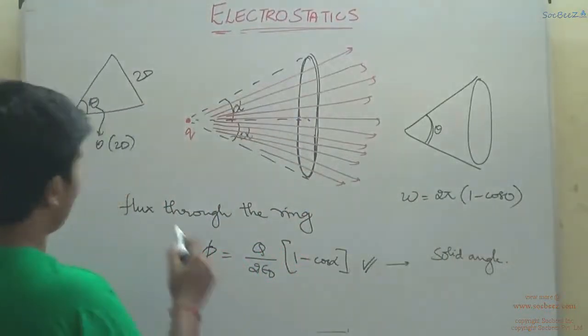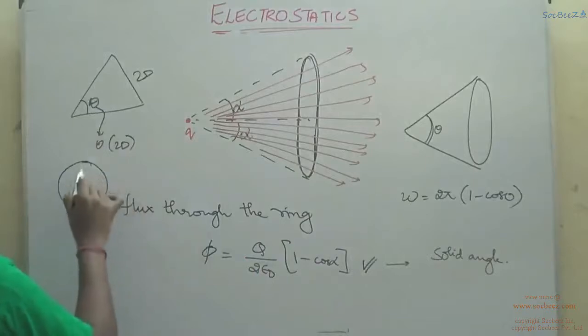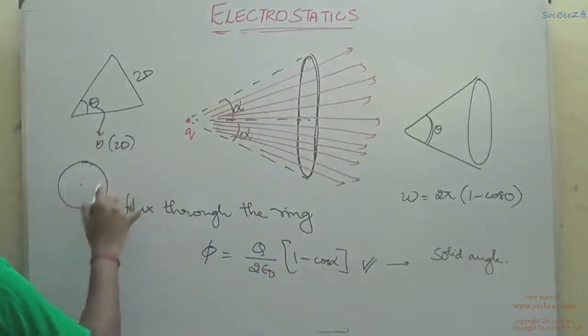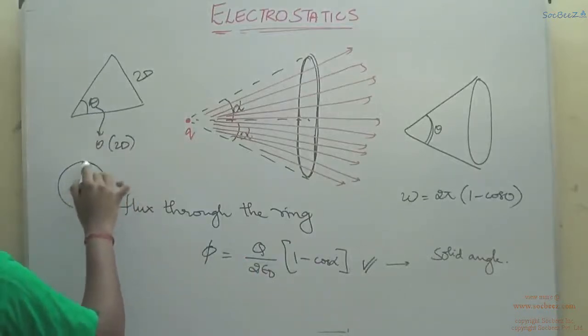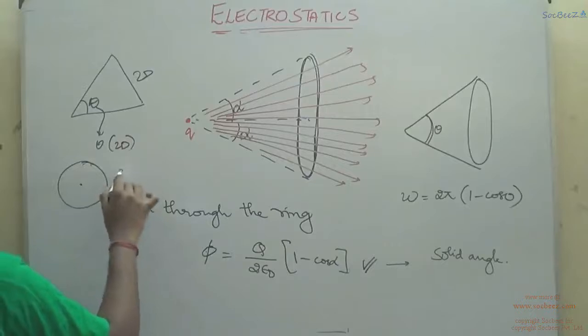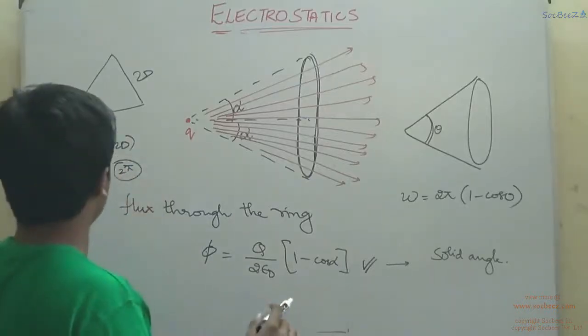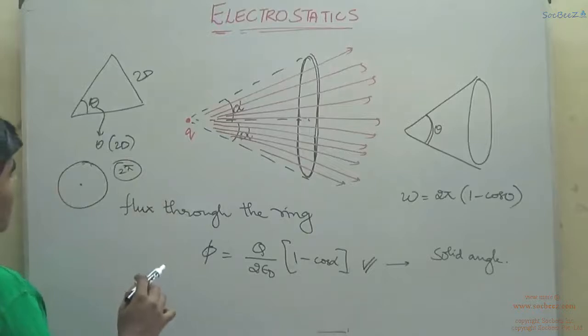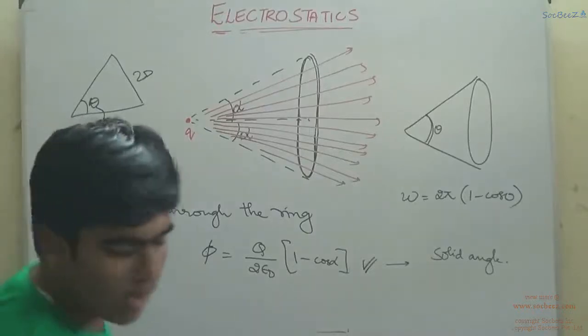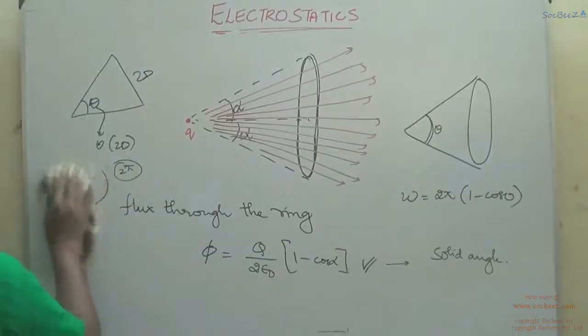Basically, for a whole sphere, the solid angle is 4 pi.